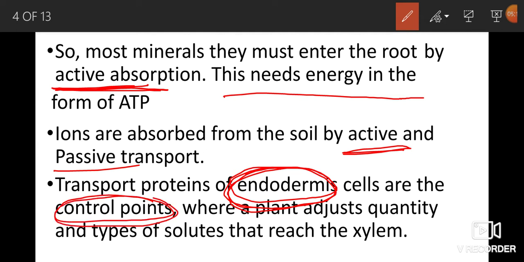They control the transportation of minerals, where the plant adjusts the quantity and types of solutes that reach the xylem. So the endodermis is nothing but a control point because of the Casparian thickenings.